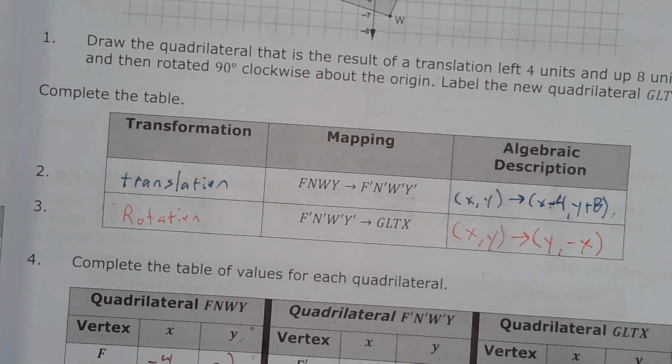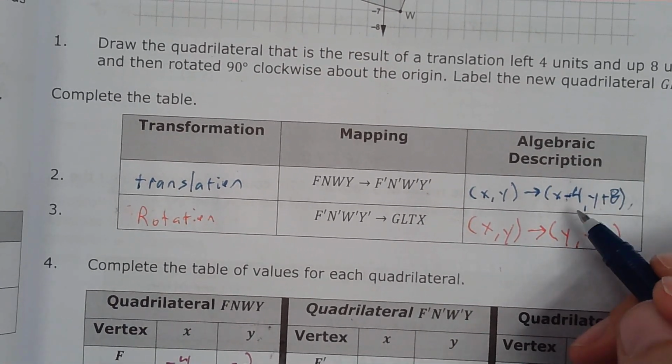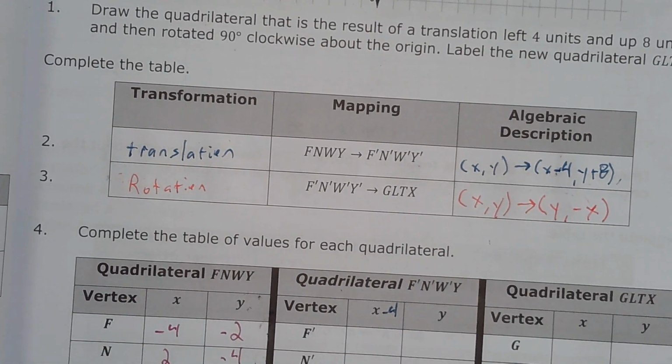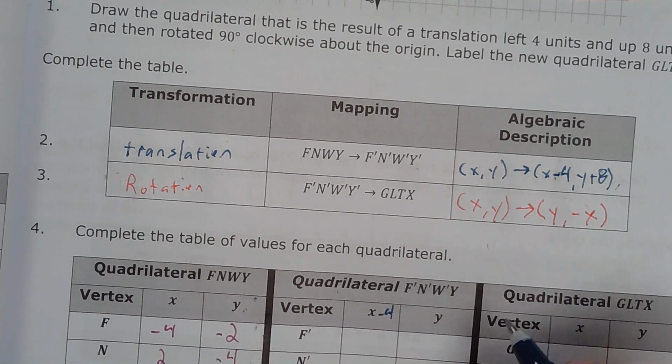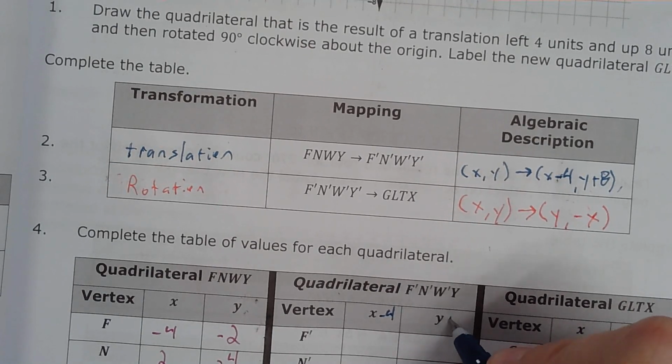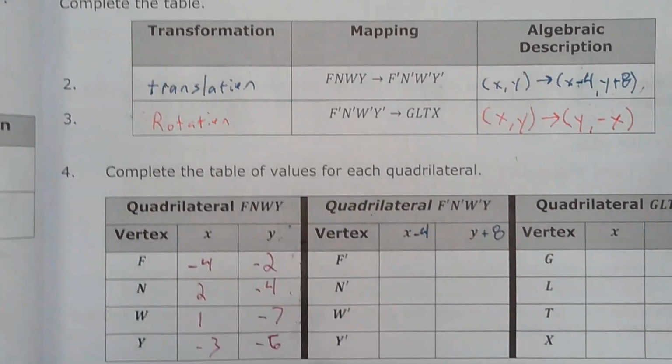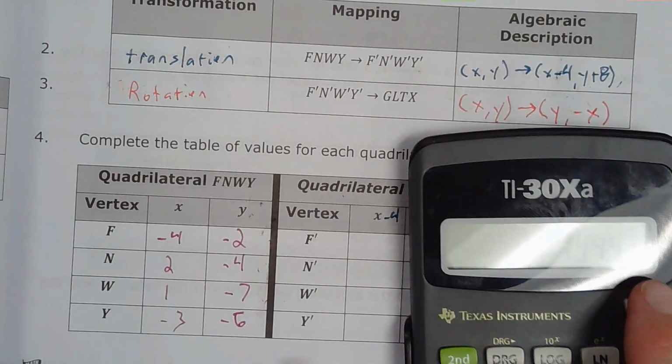Okay, so then I'm going to go to blue, and then for my x, I'm going to subtract 4 from that. Okay, and then my y is going to be add 8 to that. Okay, and if you want to get a calculator, I always go for a calculator to reduce errors, right?